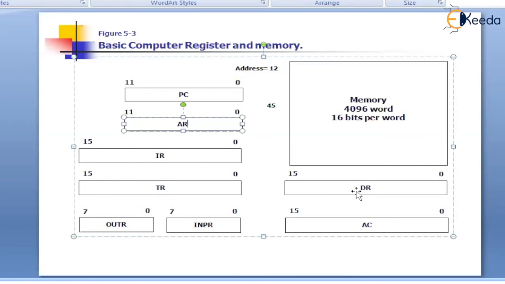But eventually, all these registers must be able to transfer these addresses back to the address register, because none of these registers are directly talking to the memory. If an address has to be located in the main memory, only one guy is going to do it. That is the address register. That is the reason why whichever register gets the address, that address should be transferred back to the address register.